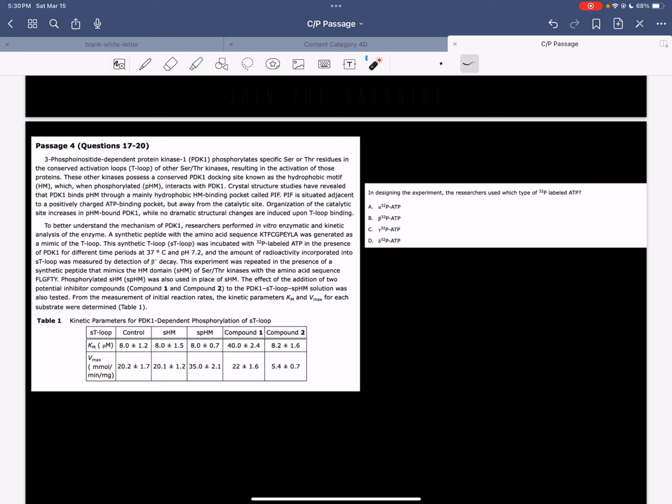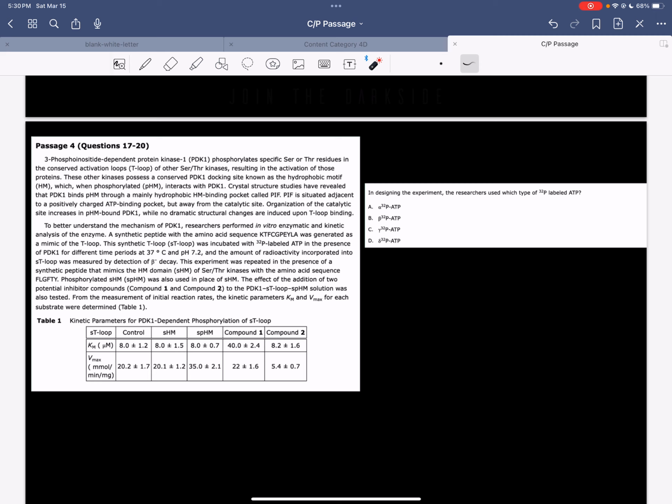And the amount of radioactivity incorporated into the ST loop was measured by the detection of beta minus decay. Technically, it's a whole lot of scientific jargon going on here. But what you need to use to answer this question has already been given to you.